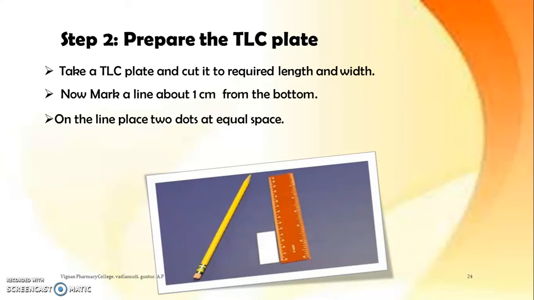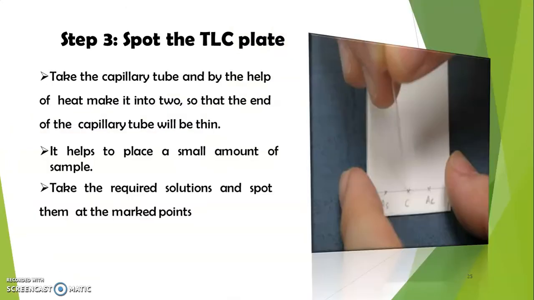We apply the slurry either by a dipping method, spraying technique or pouring technique, and then after drying and activation, we take the TLC plate. Now we mark a baseline about 1 centimeter from the bottom. On the line, place 2 dots at equal spacing.